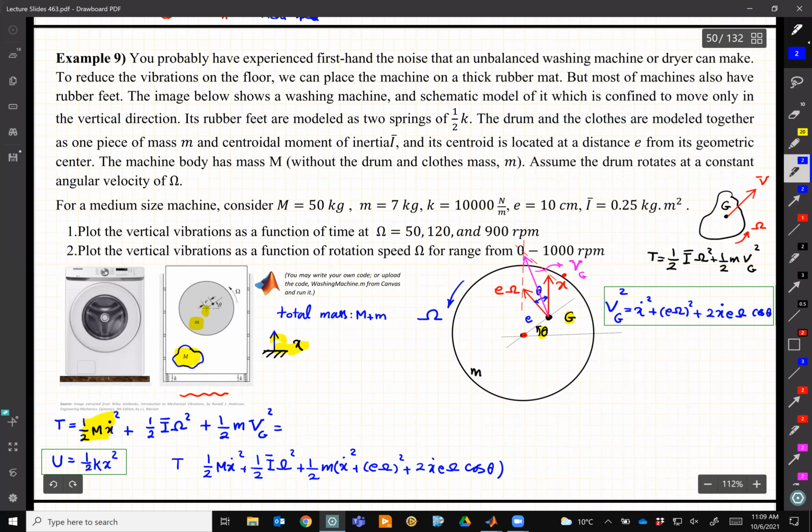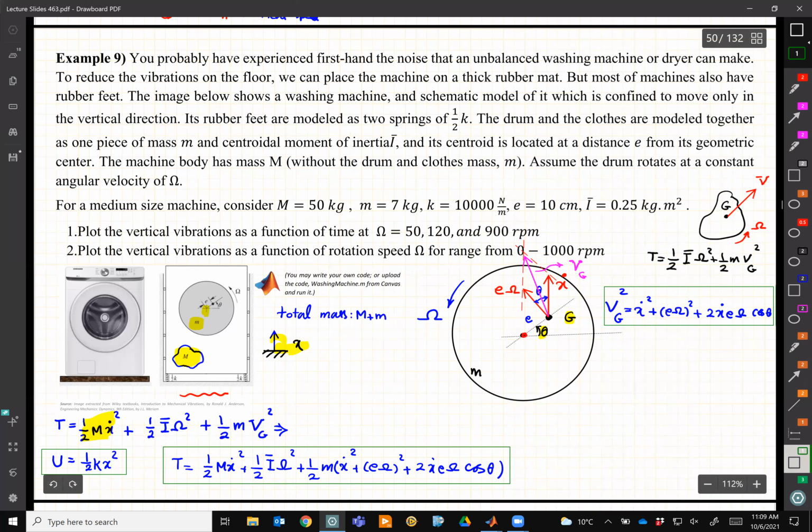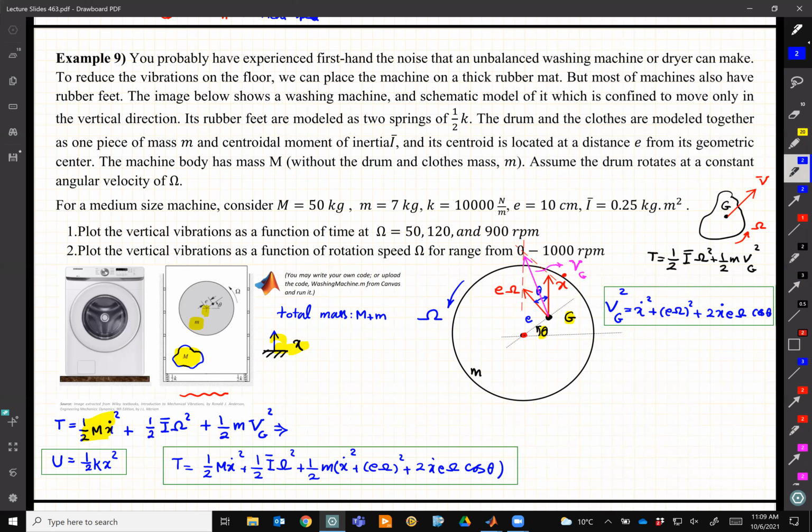So this is our T. So the derivative for the Lagrange equation, we know how it works. It is d over dt of the derivative of T with respect to our variable x dot, plus the derivative of U with respect to x. We don't have any external load here, so the other side will be 0.